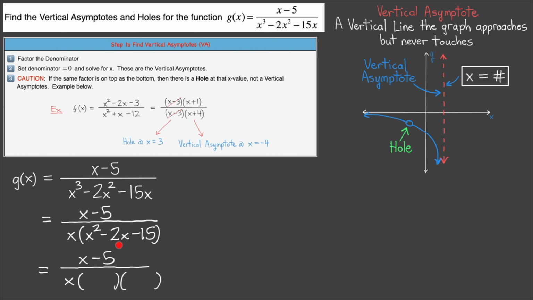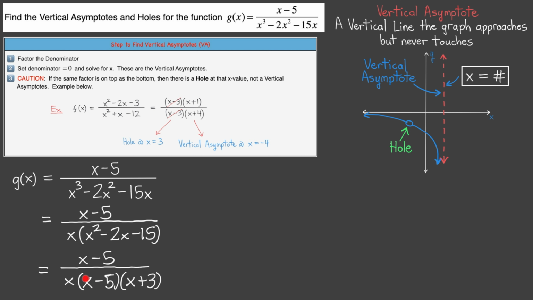Those two numbers are 5 and 3. Which one's going to be negative, which one is going to be positive? So x minus and x plus. The one that's going to be negative is the bigger one because we want to end up with a negative 2. So the bigger one is 5 and the smaller one is 3. All right, so now this is fully factored.